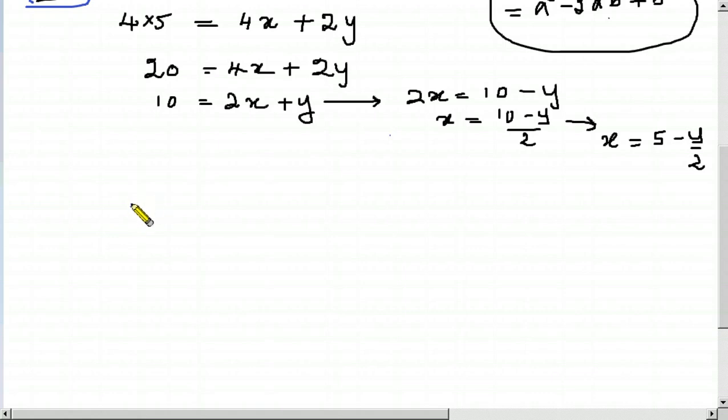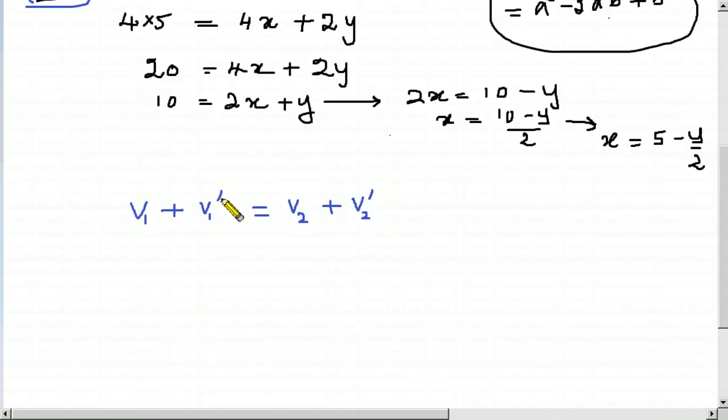So we write the first velocity of the first ball plus the second velocity of the first ball equals the first velocity of the second ball plus the second velocity of the second ball, like this.